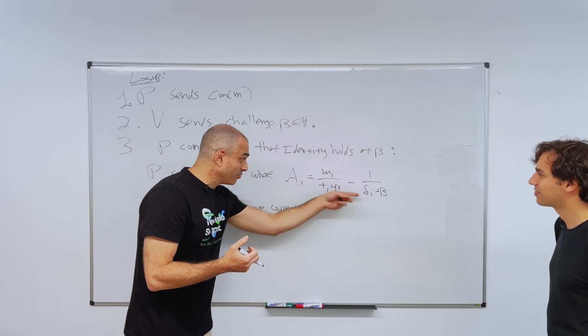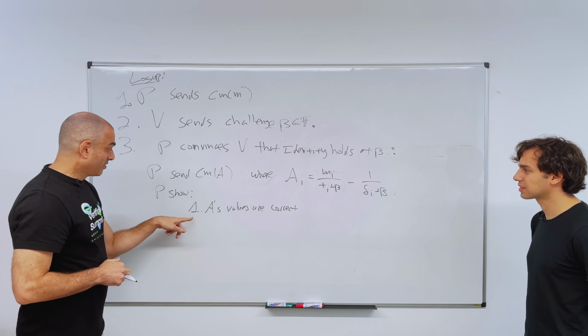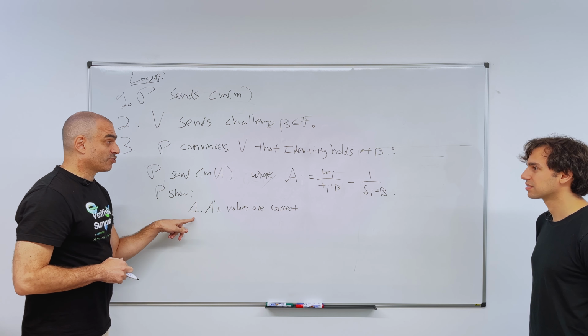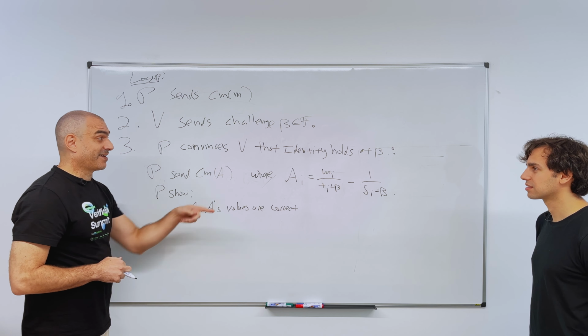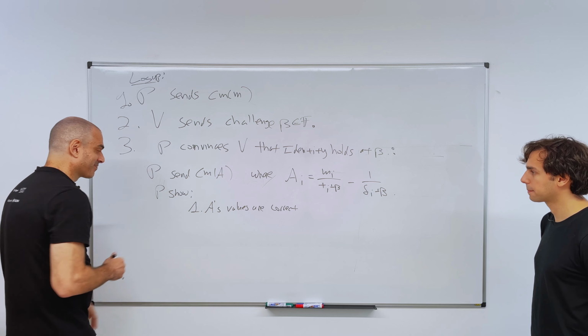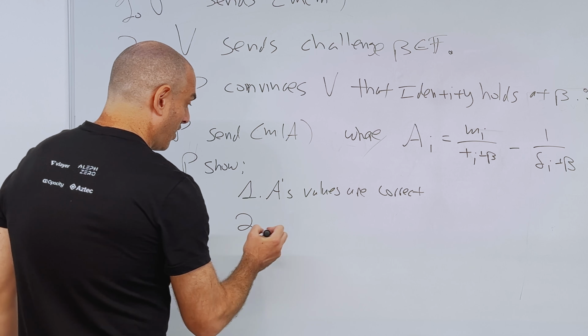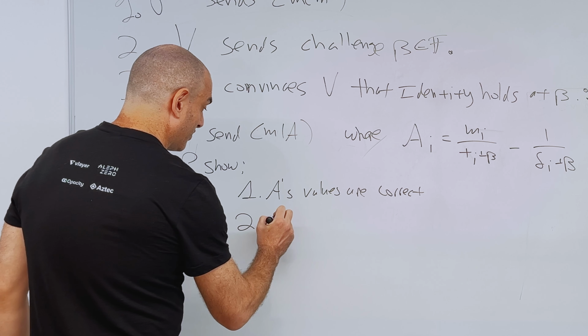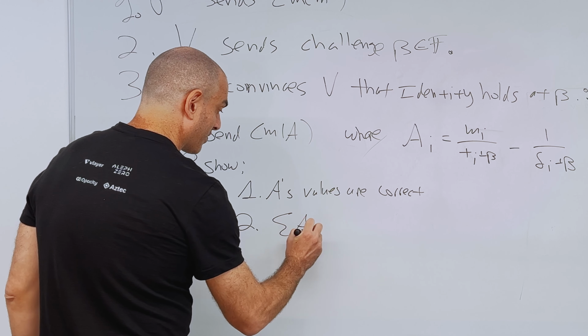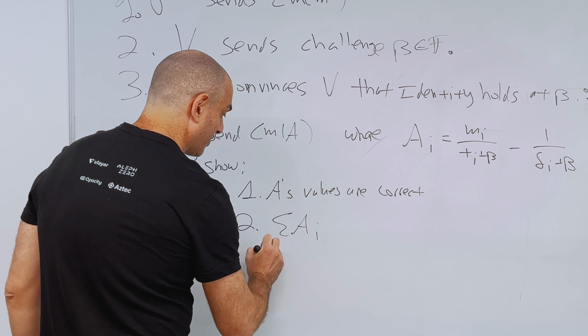It's supposed to have these values. The first thing is P needs to show that this is really the A it sent. And the second thing, that the sum of the A_i's is 0.